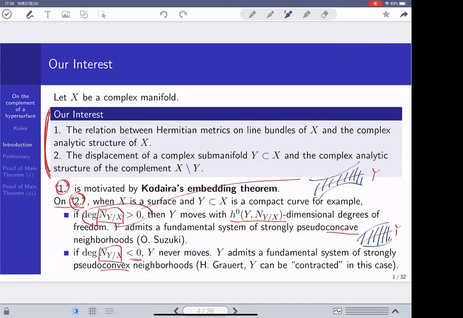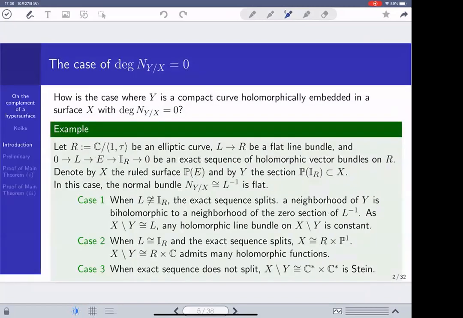And actually, it is a consequence of Grauert's theory, Hans Grauert's theory. He showed that Y can be contracted in this case, in the sense of a Remmert map. So my question is, how is the case where the normal bundle is flat and the degree is 0?